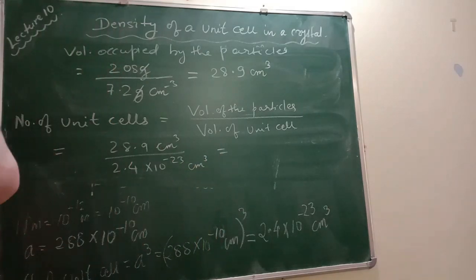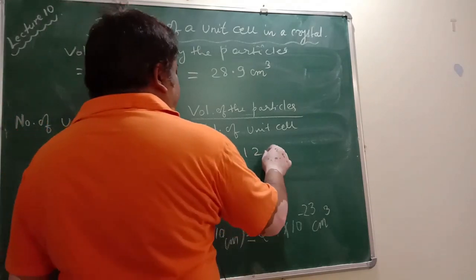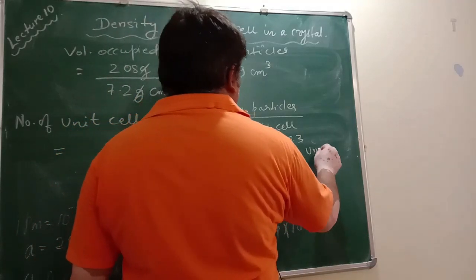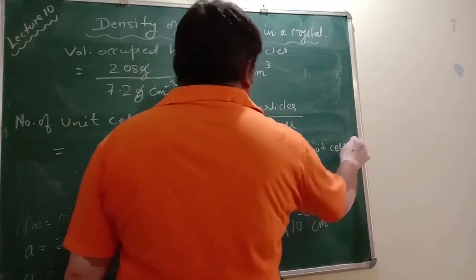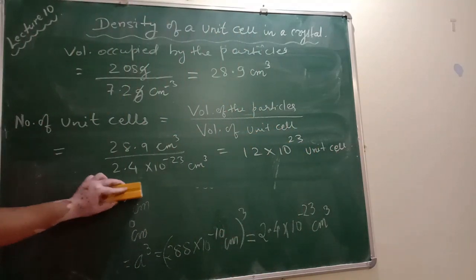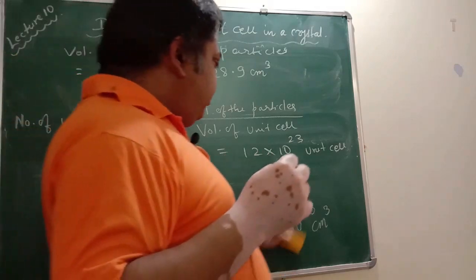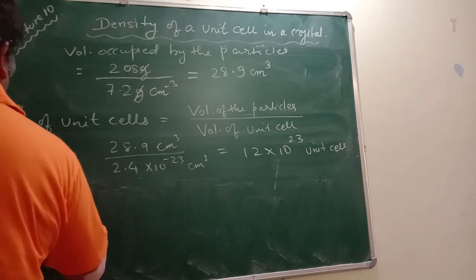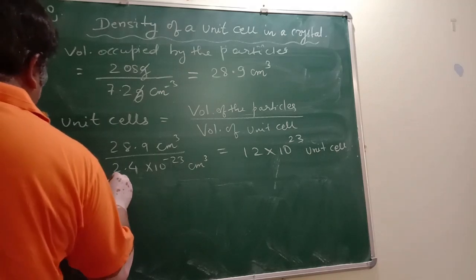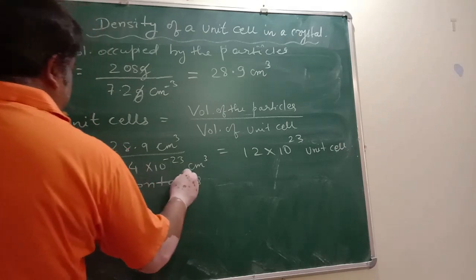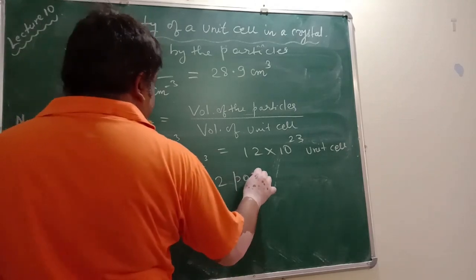This comes out to be 12 into 10 to the power 23 unit cells. Now if you see the problem, it is said that this is a BCC unit cell. If it is a BCC unit cell, then Z will be equal to 2. That means one unit cell contains 2 particles.